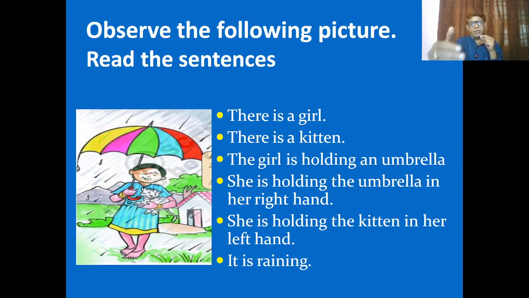So if we observe all these sentences, here we have used unknowingly the definite articles, indefinite articles, pronouns, prepositions, reflexive pronouns, and action words, verbs, etc. If you see sentence-wise, we have used sentence structures like there is, she is, it is.